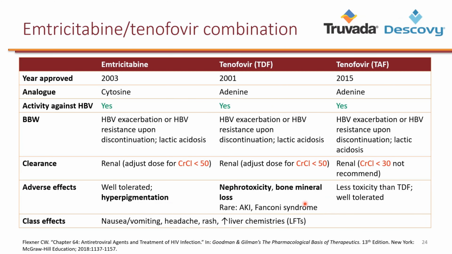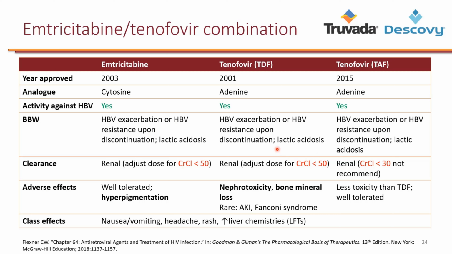Now, when it comes to the other combinations for the backbone, we have either Truvada or Descovy. So Truvada was there first, which is a combination of emtricitabine and tenofovir disoproxil fumarate. And both of these combinations cover hepatitis B, and of course they still have this lactic acidosis black box warning, which all NRTIs do.